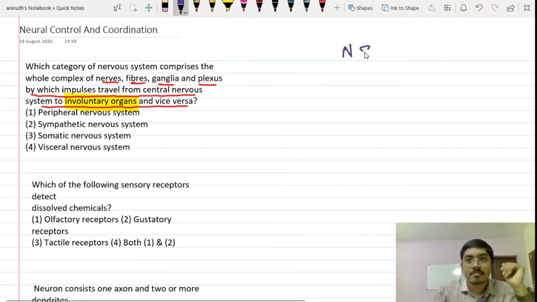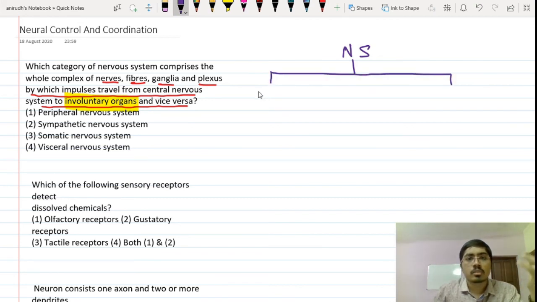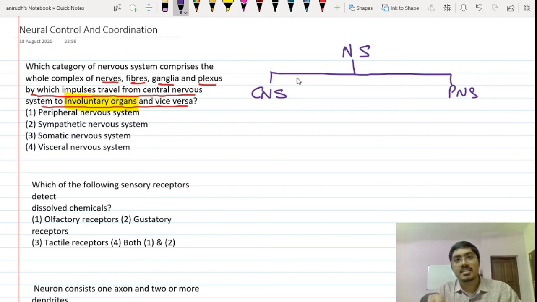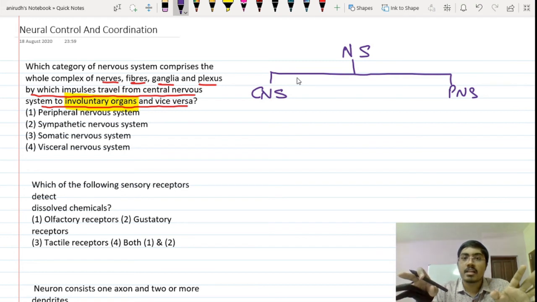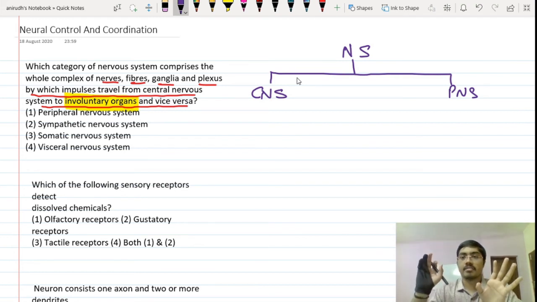Your nervous system, that is NS, is divided into two. What are those? Central nervous system and peripheral nervous system. The central nervous system consists of the brain as well as the spinal cord, while in the peripheral nervous system, whatever other parts of the body you have nerves, nerves are present there. So anything else which is part of the nervous system except the brain and spinal cord comes in the peripheral nervous system.